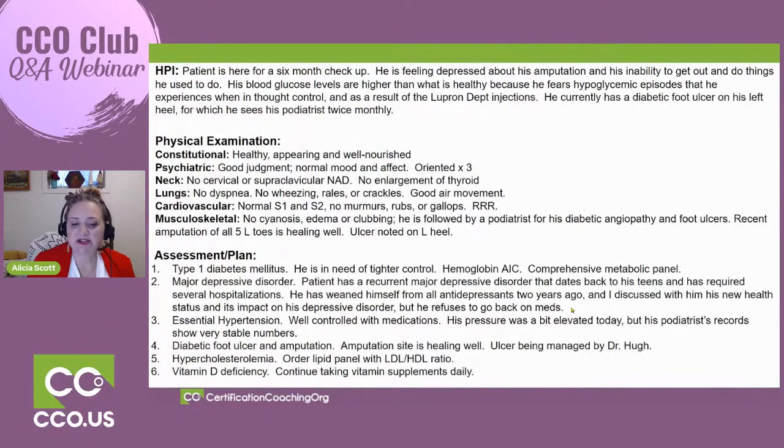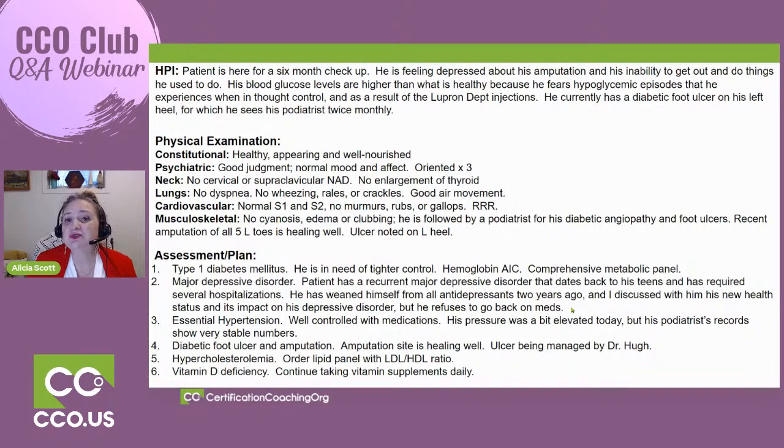Okay, let's look at the HPI real quick. We have patient is there for their 6-month checkup. He's feeling depressed about his amputation and his inability to go out and do things he used to do. This is very common.